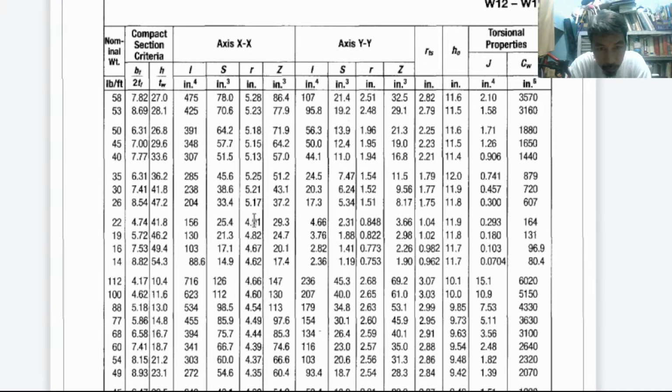So Rx is 4.91, take note, and Ry is 0.848.